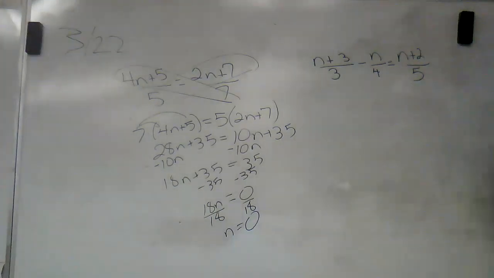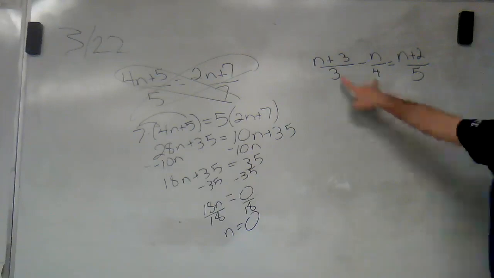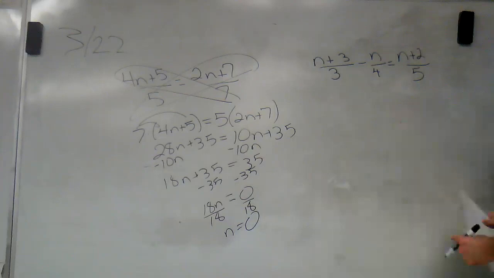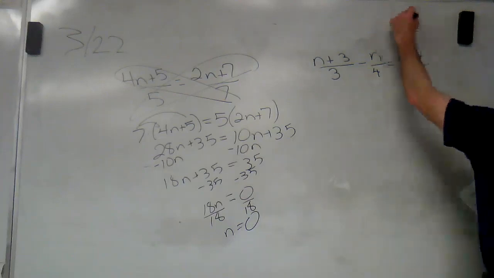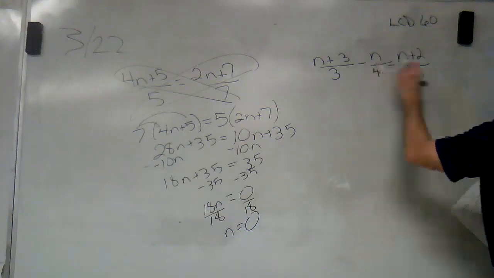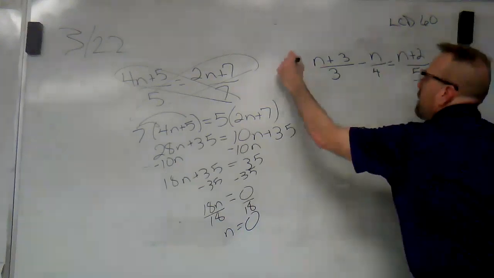So what would our common denominator between 3, 4, and 5 be? Anything smaller than 60? Anybody? Because these would get us 12. Common denominator between 12 and 5 would be 60. So common denominator, LCD, is 60.